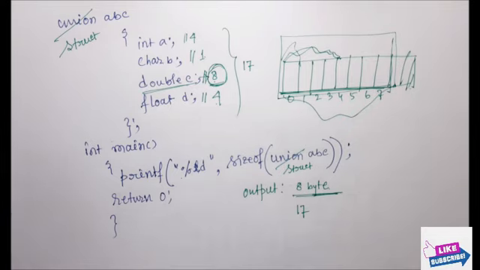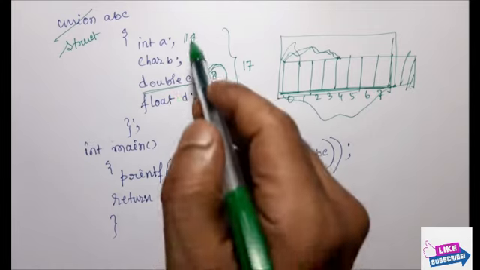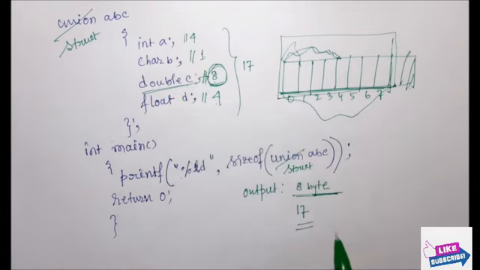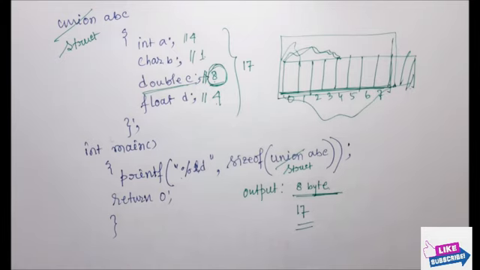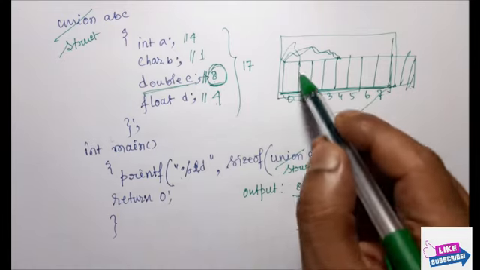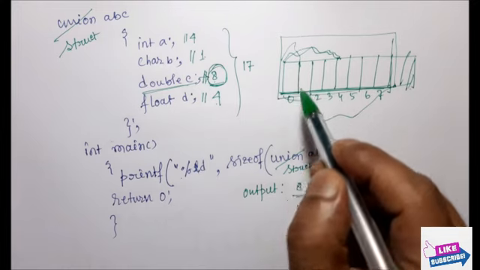But if I use structure, I will get 17 bytes, because if I do not use padding, each of the members occupies contiguous memory locations, but the memory locations are different.